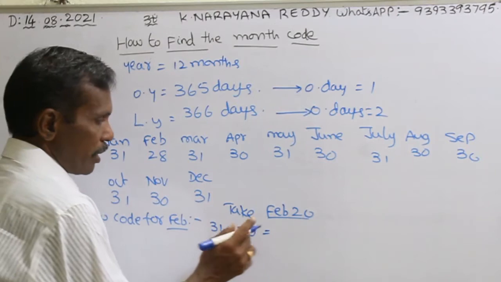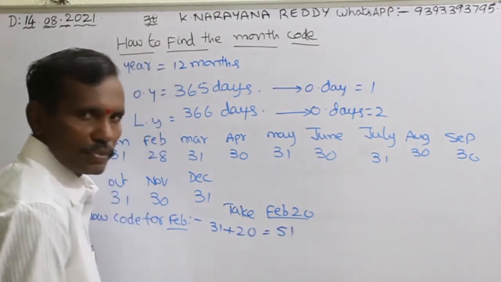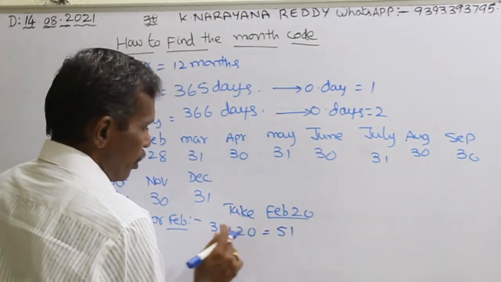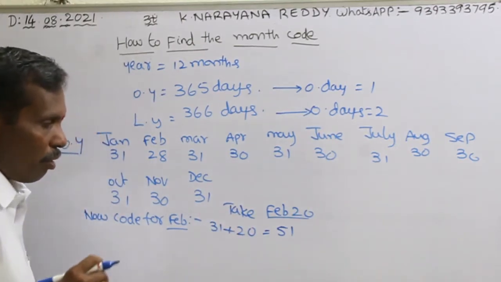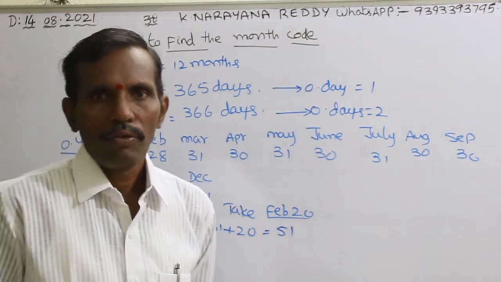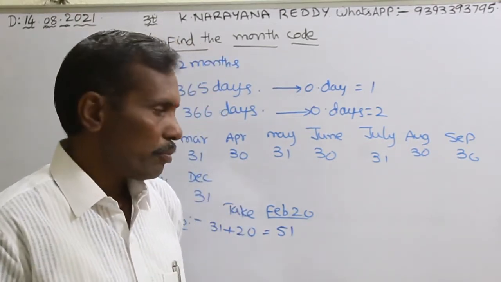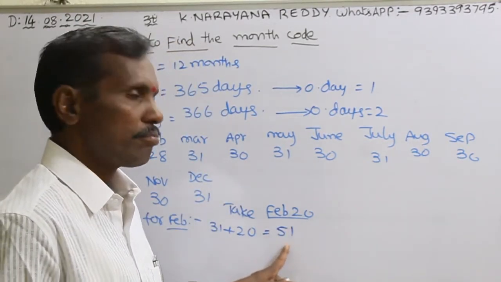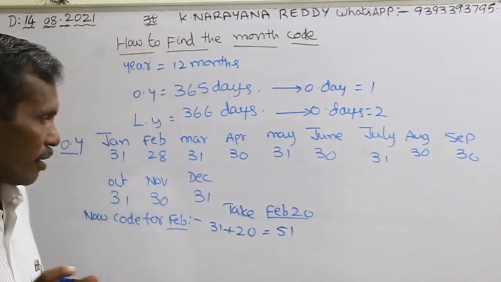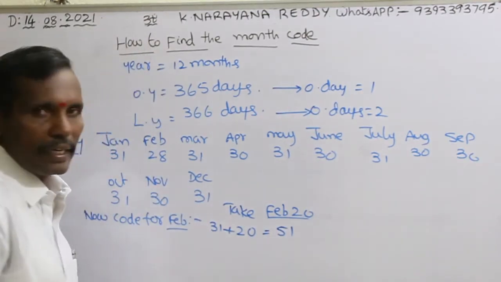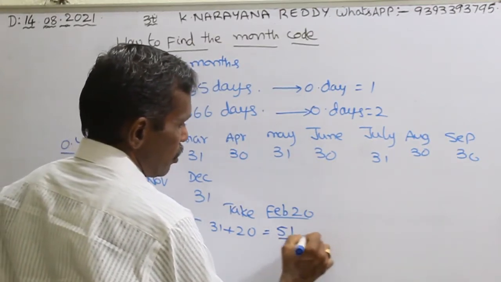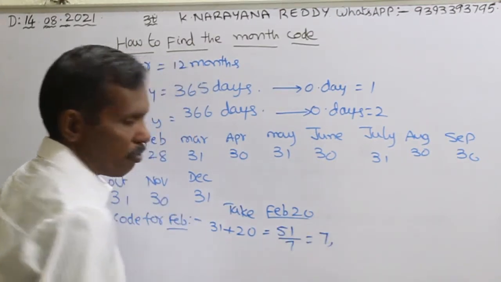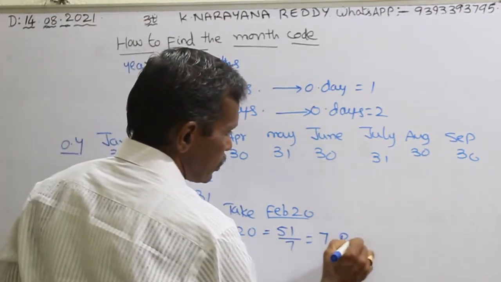Now 31 plus 20, 51. That means 51 days. But we want odd days. Whenever you want odd days, you divide this number by 7, because we have 7 days in a week. 7 7s are 49, remainder is 2.